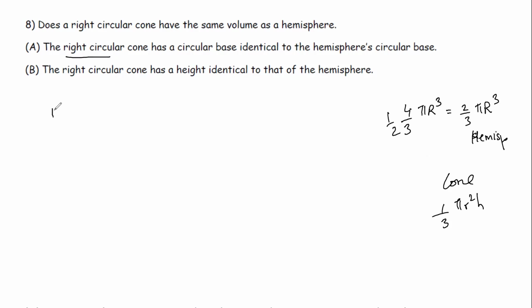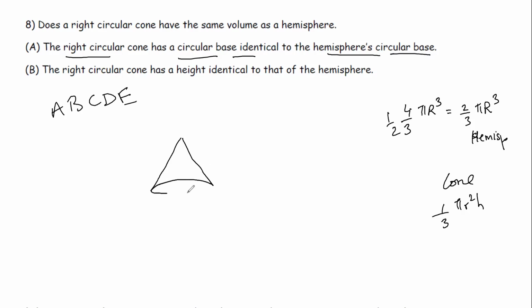First statement, the right circular cone has a circular base identical to the hemisphere circular base. So all they're saying is that if this is my right circular cone, then this base is identical to the hemisphere, right?